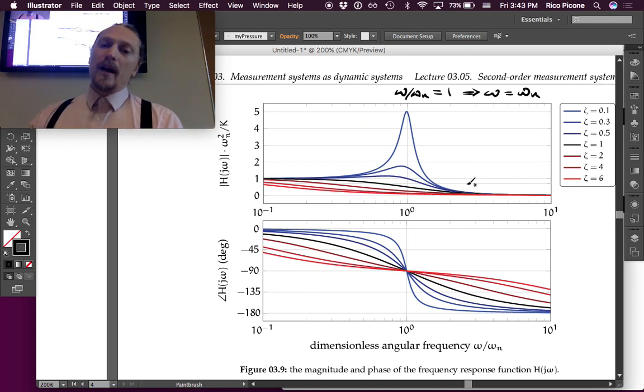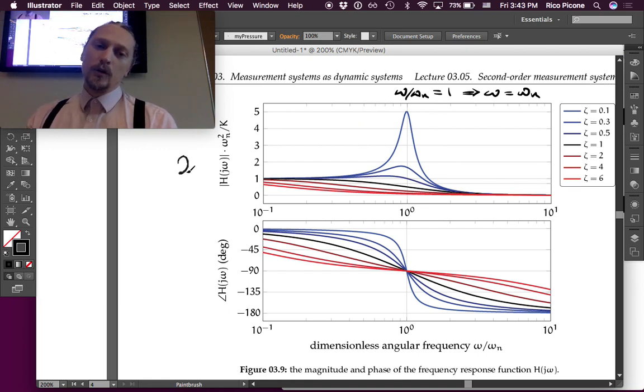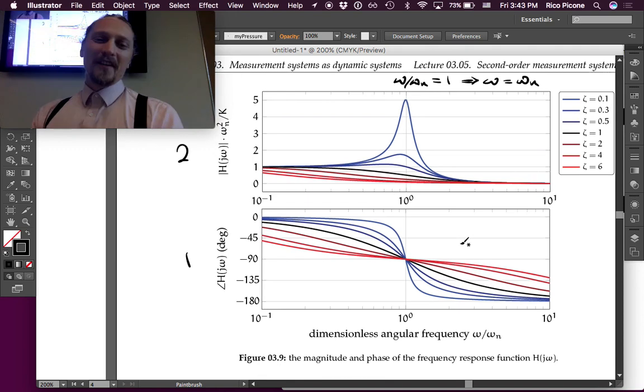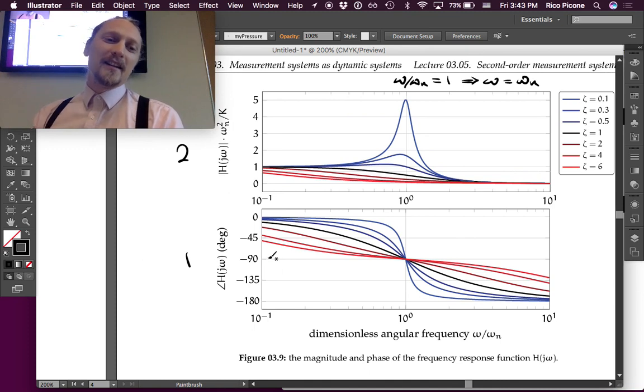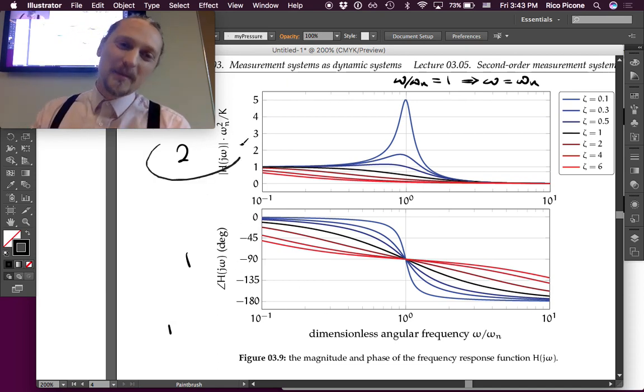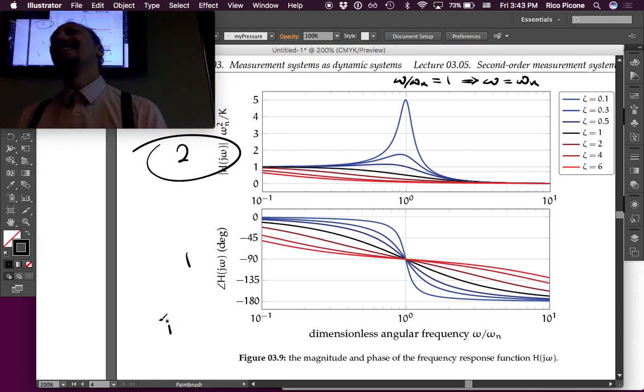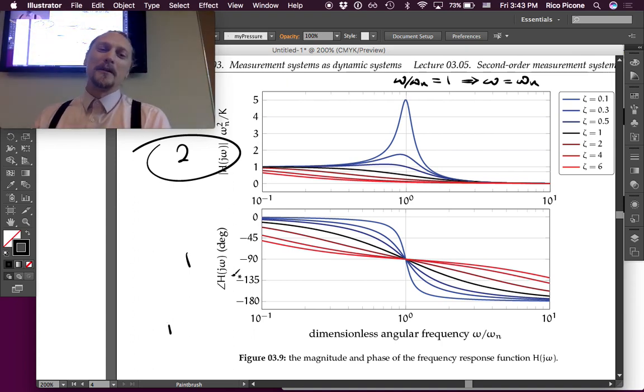So that's our magnitude plot, which is, I would say, we care like 2 points about this, and we care 1 point about the phase. Just to give you quantitative assessments of how much we care. So what are the points out of? Out of just 1. So we care 100% about this, and we care 200% about this. I mean, I was imagining out of 3 total, just splitting it between the 2.